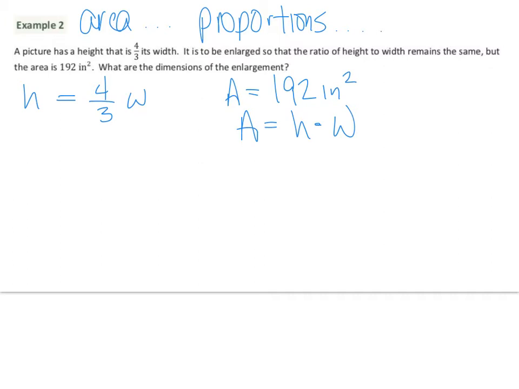We're not sure about this, but I know if I make one of these an x, I can use this ratio to figure out what's going on.